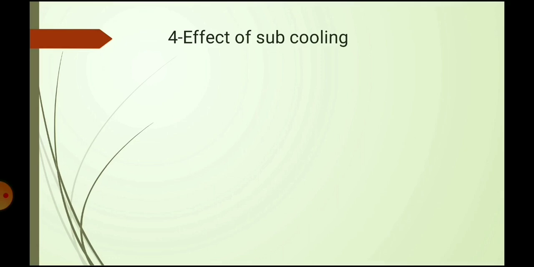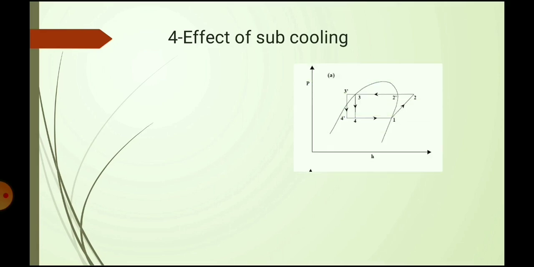But subcooling is possible only at point 3, which is at the outlet of the condenser. Clear? That means point 3 is in the subcooled region. We can see here the point 3 is in the subcooled region.